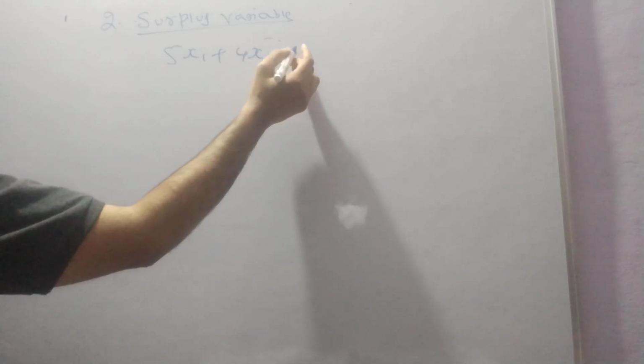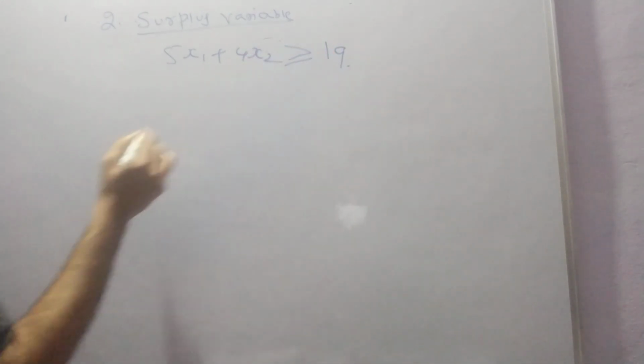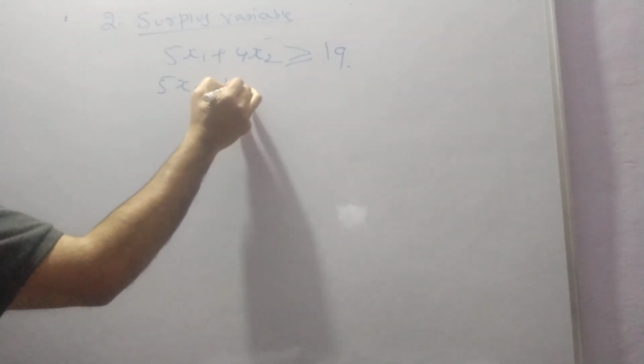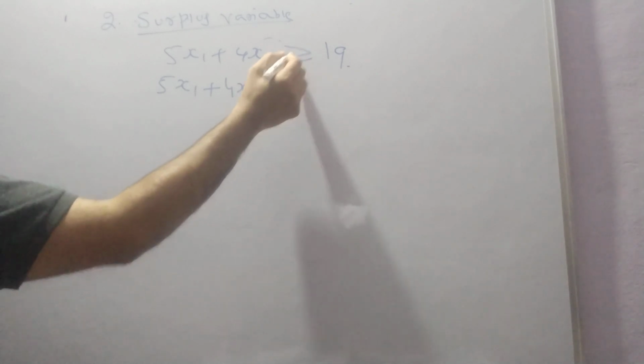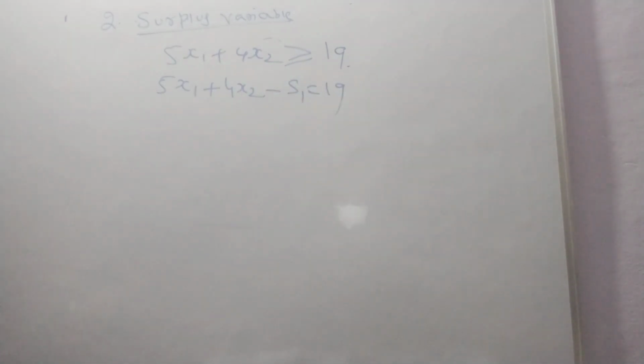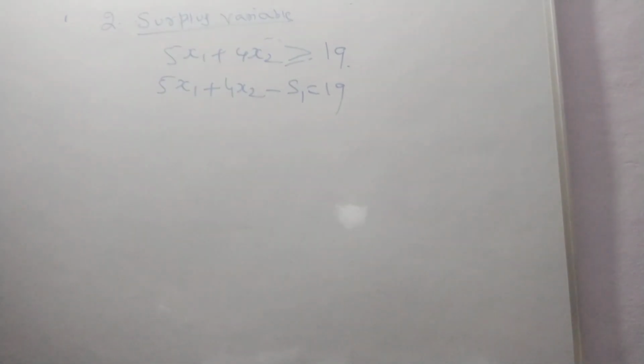I will take one more example here for surplus variable: 5x1 plus 4x2 is greater than or equal to 19. Now to convert greater than, what I have to do? Plus 4x2 here minus s1 equal to 19. So your surplus variable will come for greater than inequality.